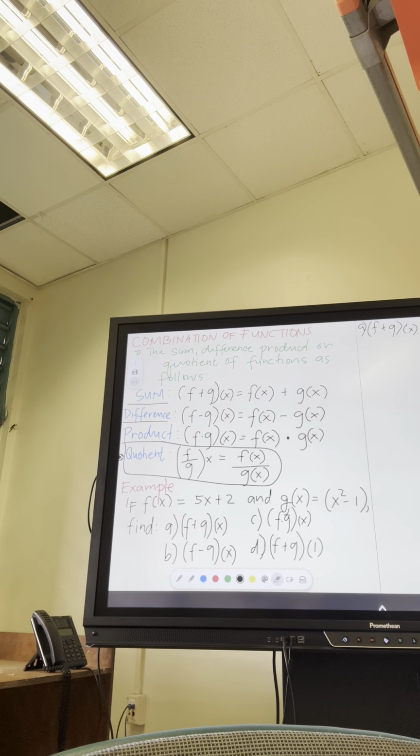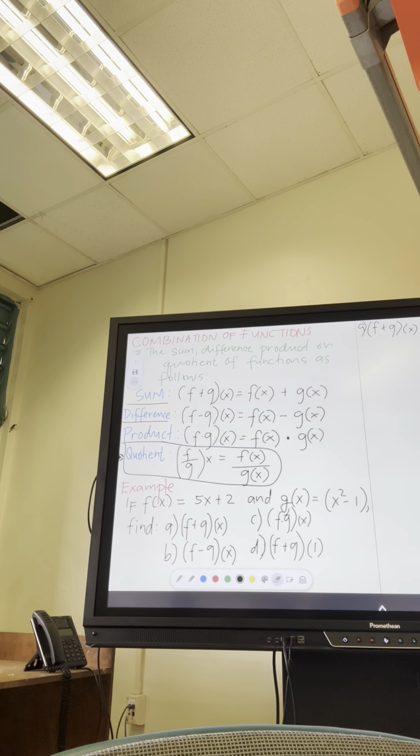The constants. We have positive 2 and negative 1. So you are going to add positive 2 plus negative 1. Of course, your answer is 1. So this is now your answer. This is very easy as long as you know the operations of integers. Now, that is for letter A.